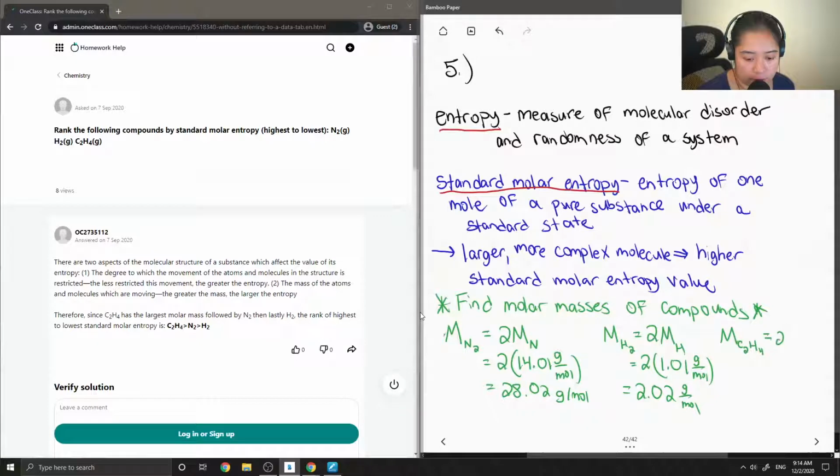So this is equal to 2 times the molar mass of carbon plus 4 times the molar mass of hydrogen. Carbon has a molar mass of 12.01 grams per mole, and again, hydrogen is 1.01 grams per mole. So its molar mass has a value of 28.05.